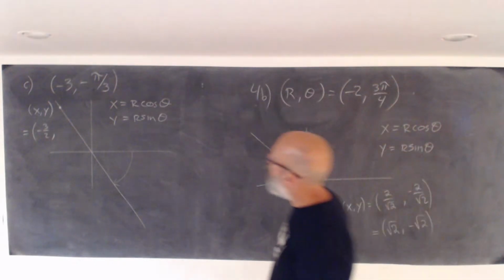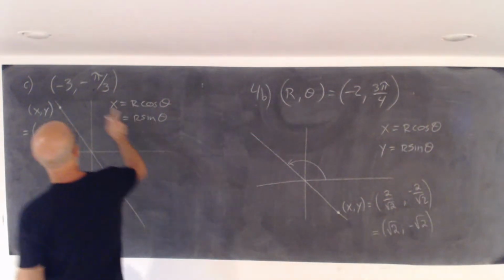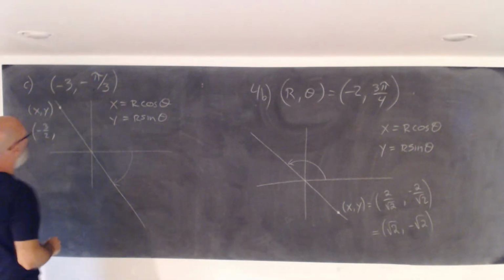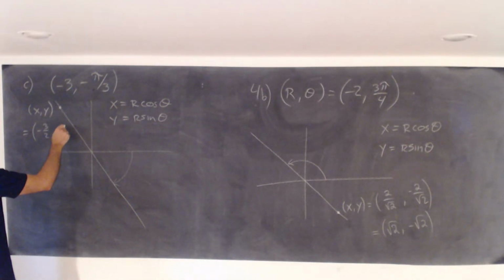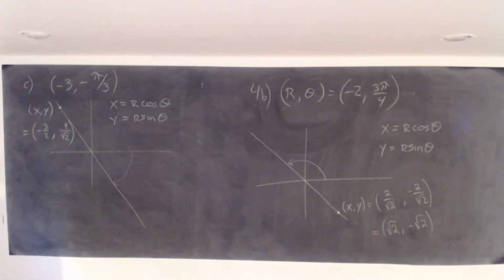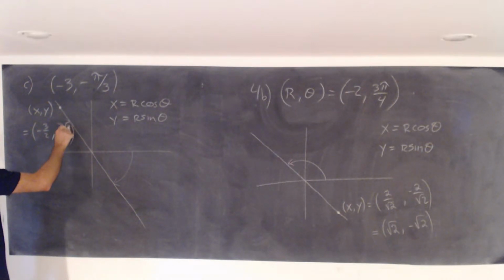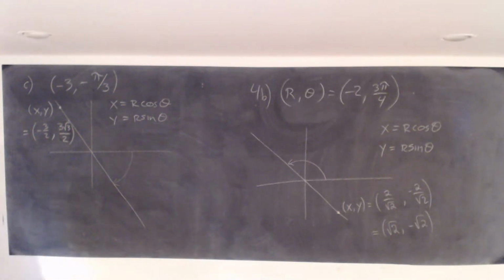And sine of pi over 3 is root 3 over 2. So negative root 3 over 2 times negative 3 is going to be positive 9 over root 2. No, it was a root 3 over 2, so 3 root 3 over 2. There it is.